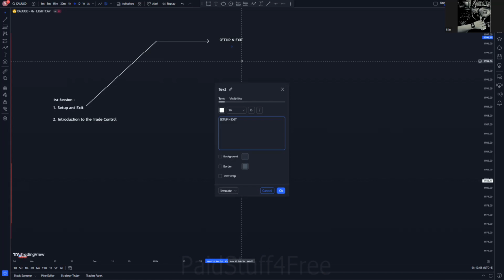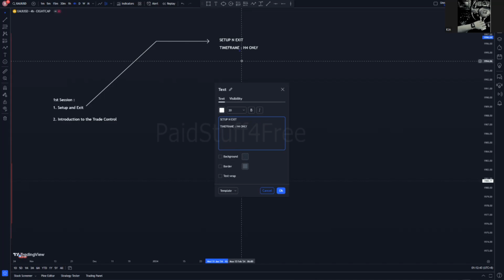So which time frame are we going to focus on in this topic? We are going to focus on H4 only. If you go to the 4 hour time frame, you can see a lot of zones for buy and a lot of zones for sell. Those zones we can use as our setup or our exit, depending on how we use them.